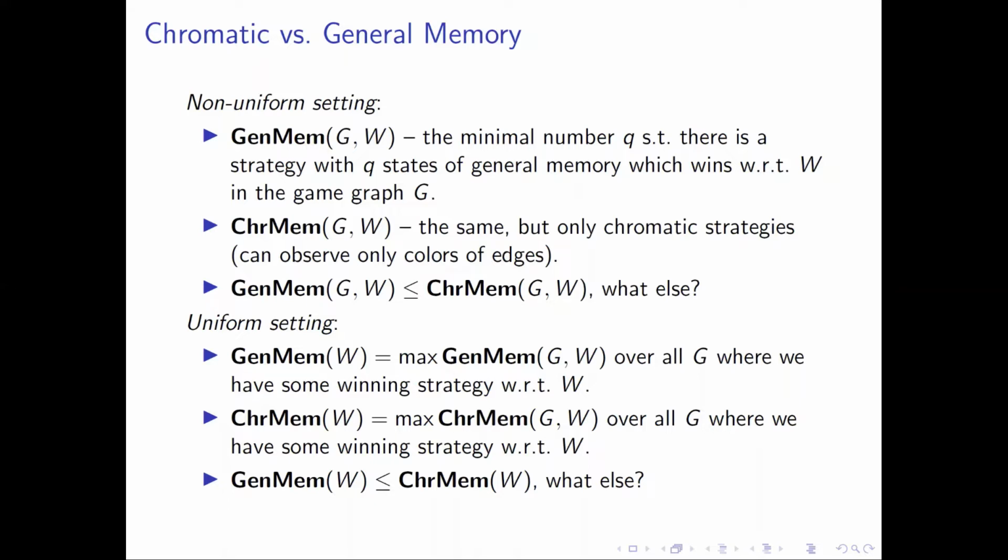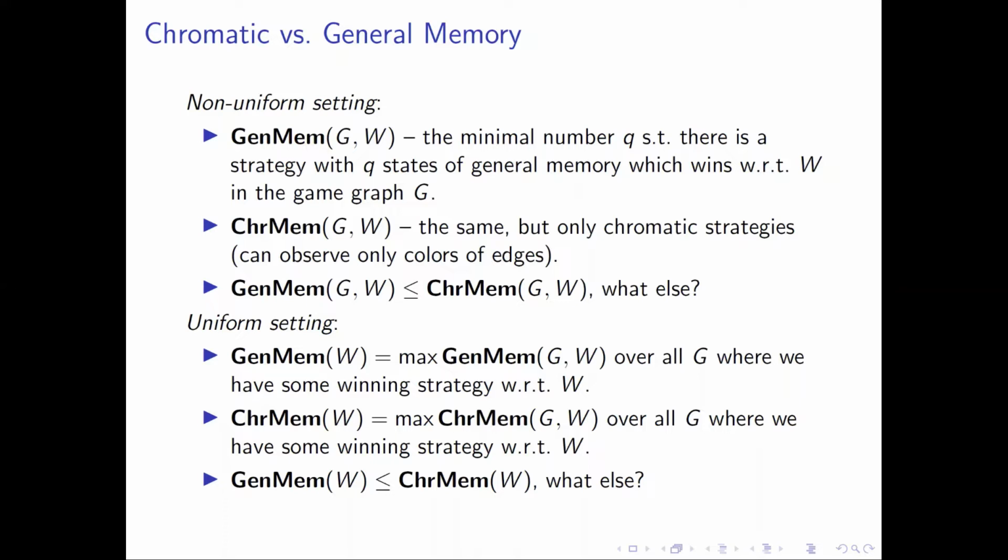So chromatic memory of G and W is the same thing, but we only take into account strategies that are realized by finite automata that only read colors of edges. And we are interested in the relationship between these two quantities, general memory of G and W and chromatic memory of G and W.